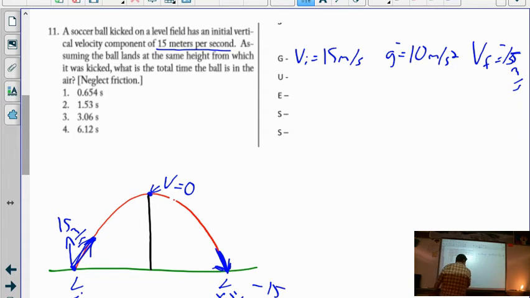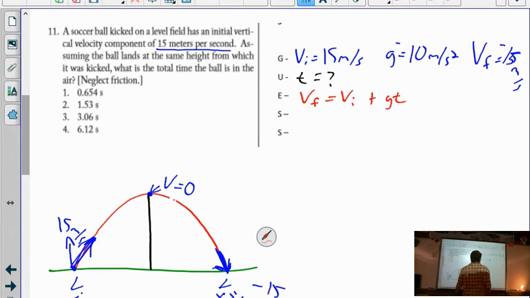My unknown that I'm looking for is my time in the air. And then my equation that I'm going to use to solve this one is VF equals VI plus GT.